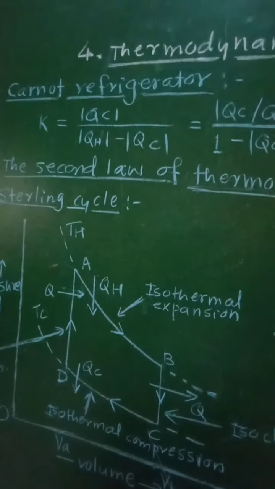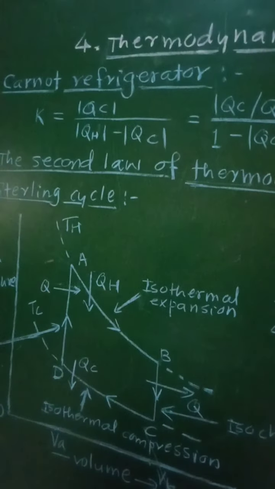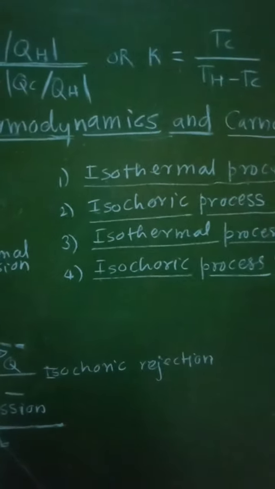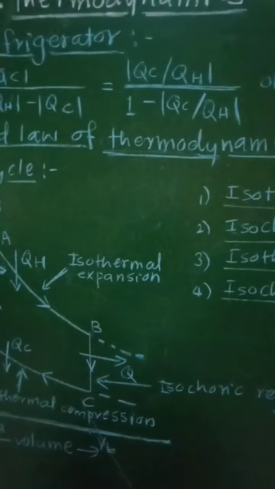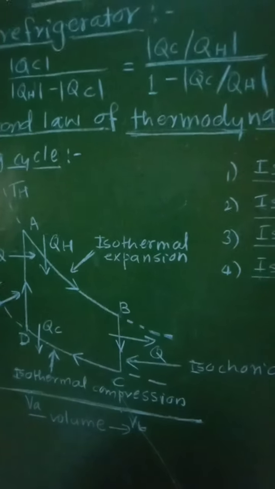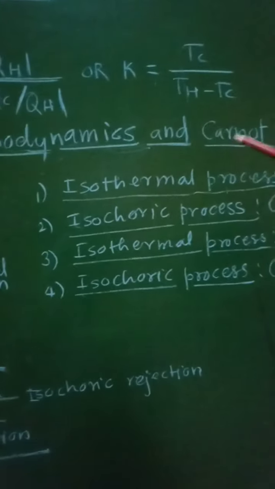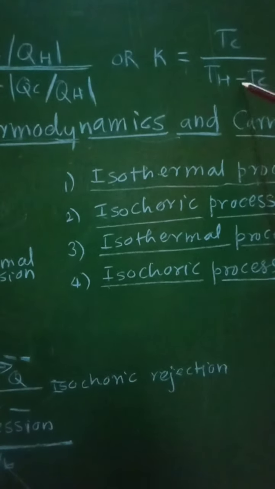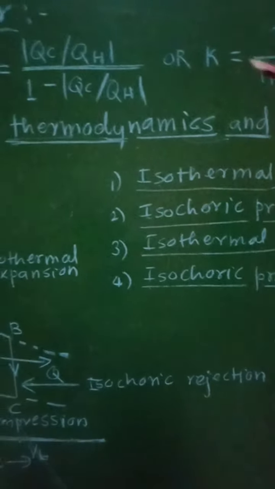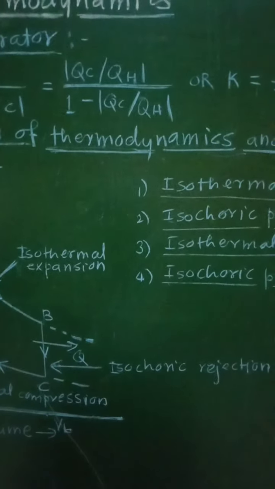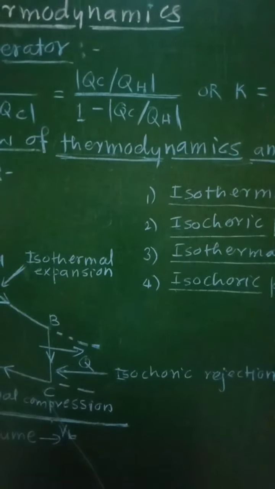From this, when the temperature difference is very small, that is TH minus TC is very small, then the coefficient of performance is very large, because when this temperature difference is very small, the denominator will be very small and the ratio will increase, and therefore the value of K, that is coefficient of performance for that refrigerator, will be very large.